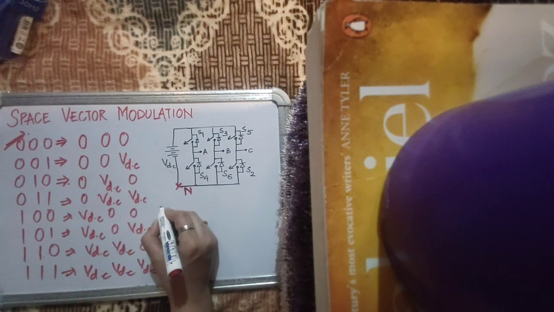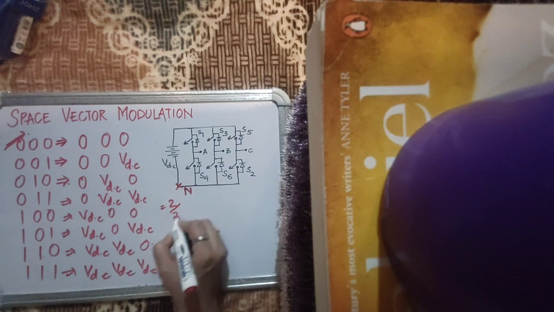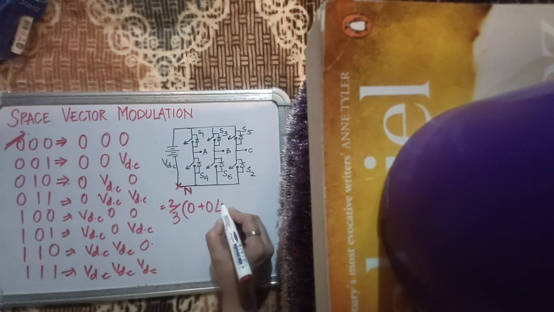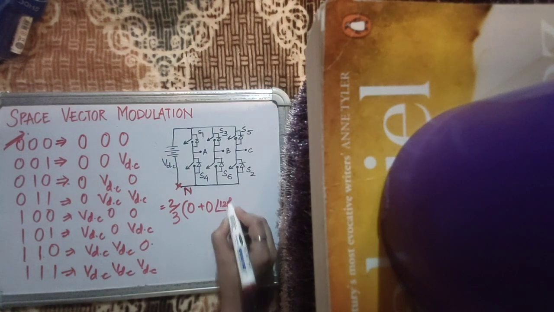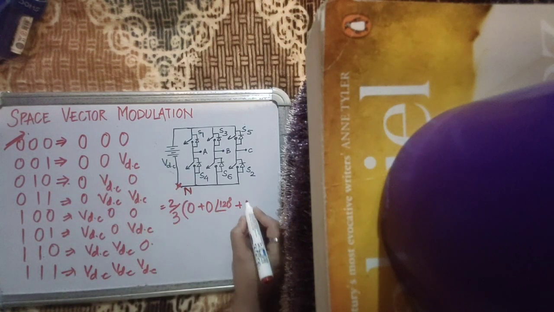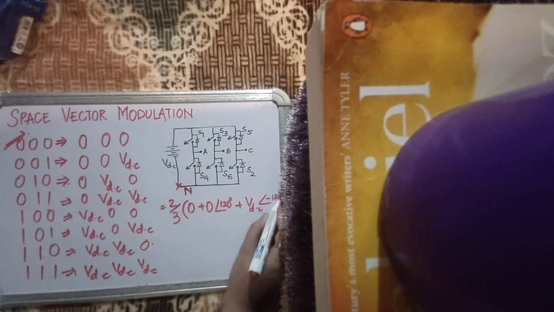For 0, 0, 1, the space phasor is 2/3 times 0 plus 0 at an angle of 120 degrees plus VDC at an angle of minus 120 degrees.